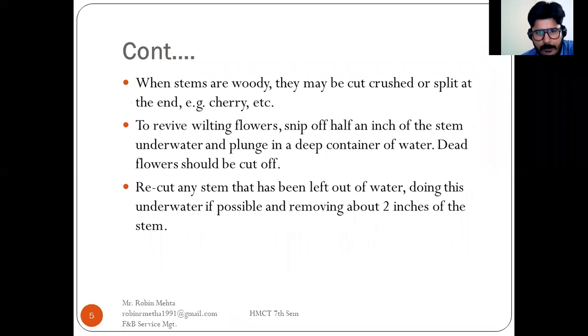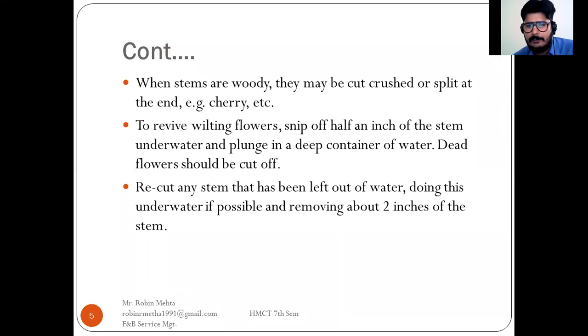And next, when stems are woody, they may be cut, crushed, or split at the end, like cherry, etc. Whenever we talk about woody stems, mostly we get green stems from flowers or plants. Sometimes we get woody stems which do not have much moisture because they are woody and have a hard surface.